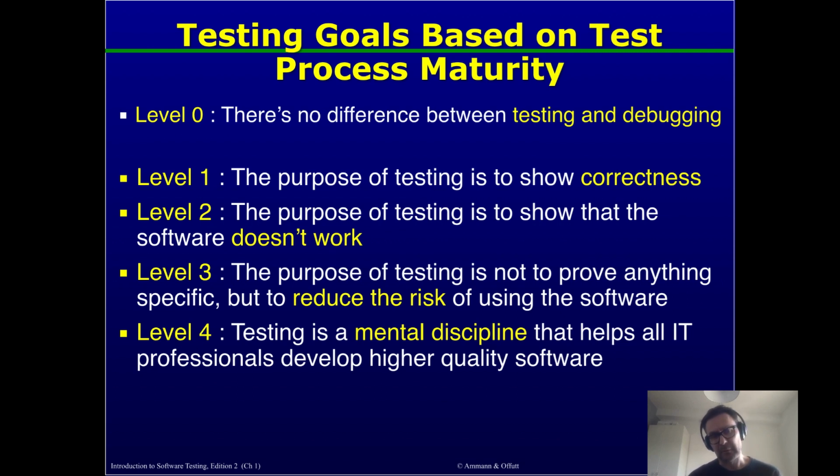On level 4, testing is a mental discipline, so it permeates the company and the team and the people involved. So you have a mature view of these different levels and goals for testing, and since all people have an understanding of this, you can dynamically do trade-offs.